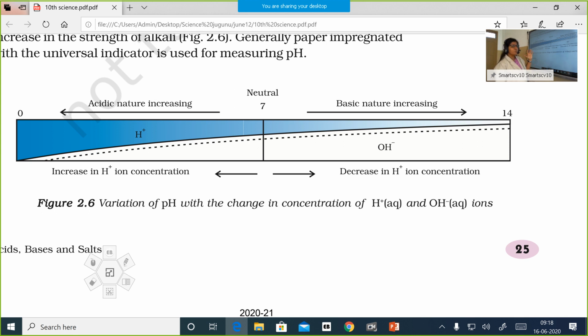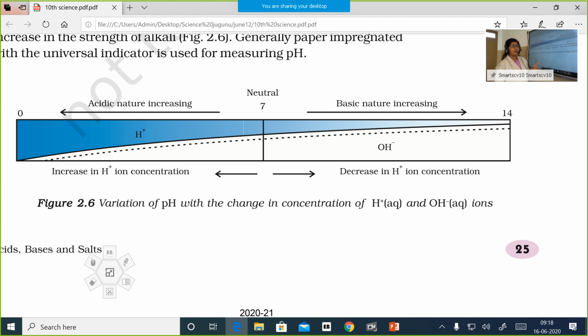Acids usually produce more H plus ions, and among acids, the acid which produces the highest concentration of H plus ions has pH value 0. So the value increases from 0 to 7, means what? The H plus ions keep on decreasing. Similarly, on the side of bases, the solution on the extreme right hand side, the one with pH value 14, has the least number of H plus ions.